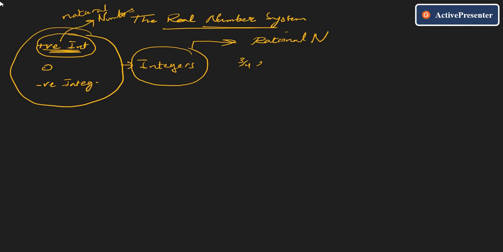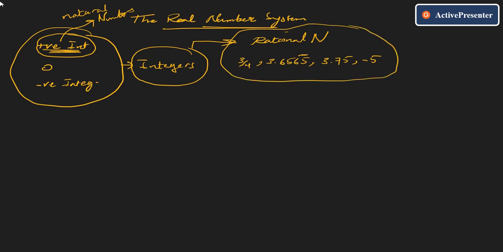For example, repeating 3.6565 bar, terminating 3.75, or any integer, -5, for example. These are examples of rational numbers.